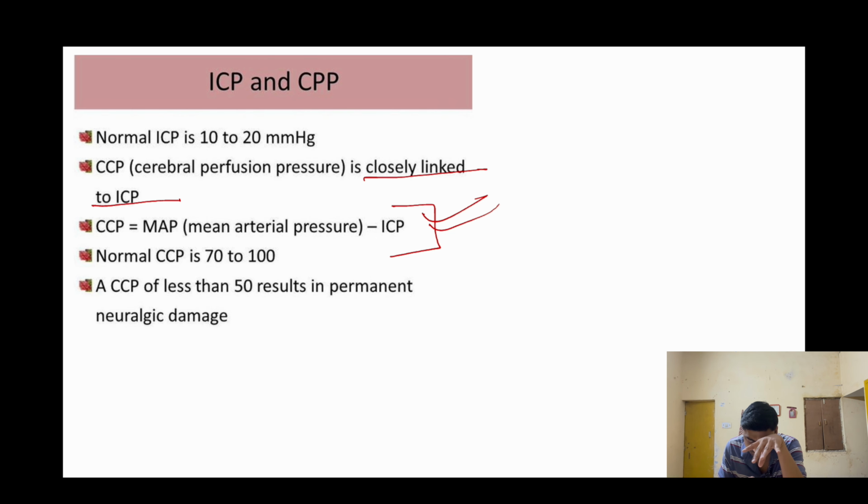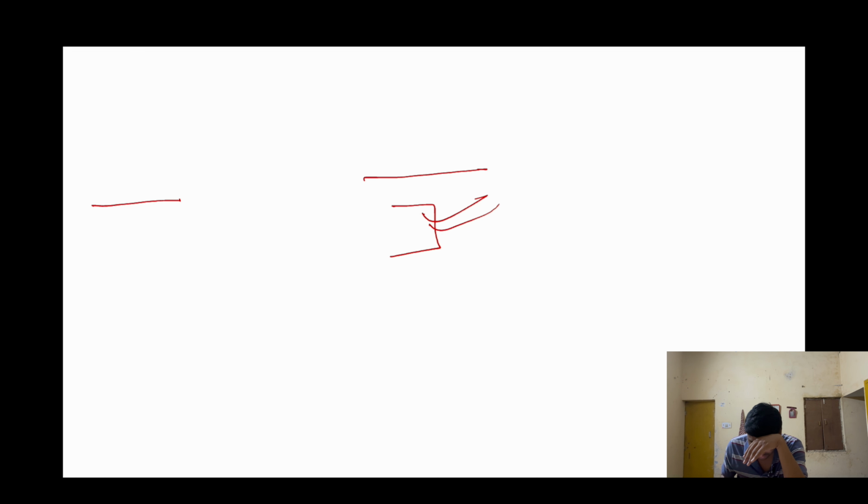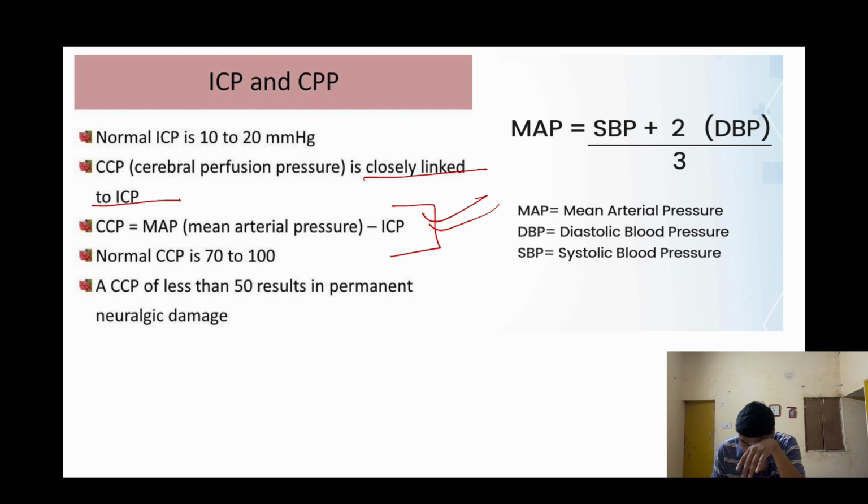The normal value of CPP is 70 to 100, and a CPP of less than 50 results in permanent neurological damage. So in this formula, the CPP equals mean arterial pressure minus ICP, intracranial pressure.